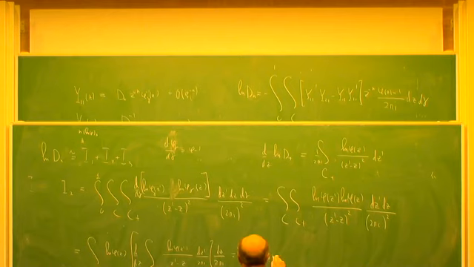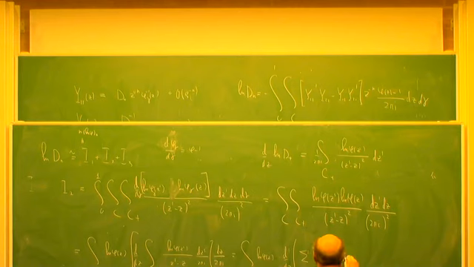Logarithm phi z, and here it is going to be d over dz, the sum of z to the k, integral of logarithm phi z prime to the minus k minus 1, dz prime over 2 pi i. And we are almost done.